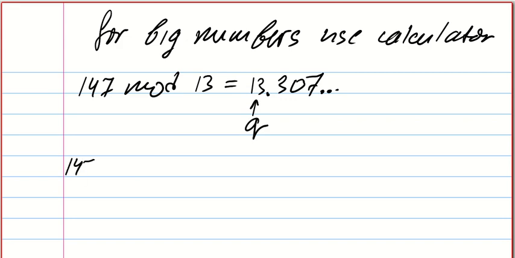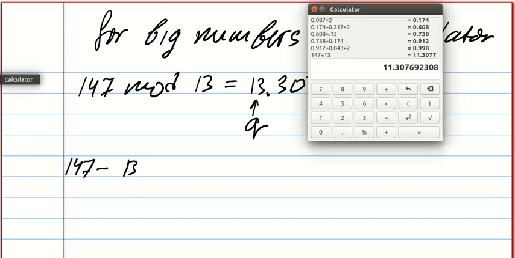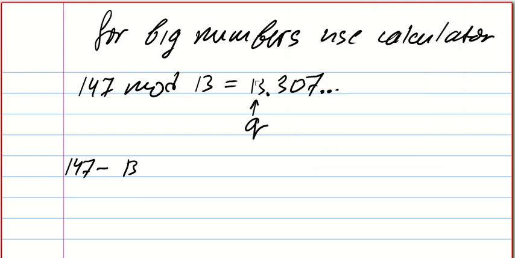So you take 147 minus 13 times 11. I made a mistake earlier, 13 times 13 is too much.